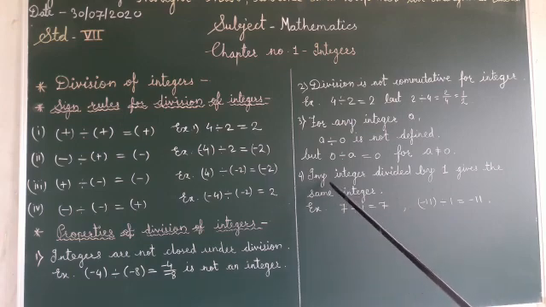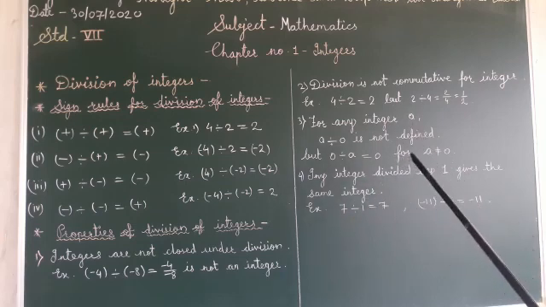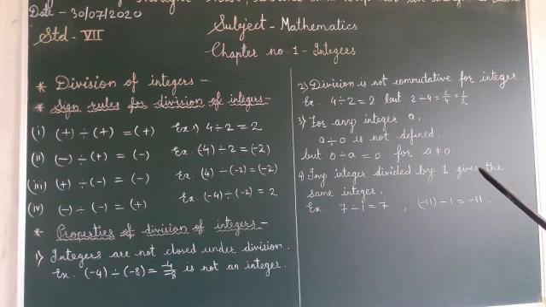The next property is, any integer divided by 1 gives the same answer. For example, 7 divided by 1, you get the same answer 7. Minus 11 divided by 1, you get the answer minus 11. See here, the answer is the same when you divide by 1.